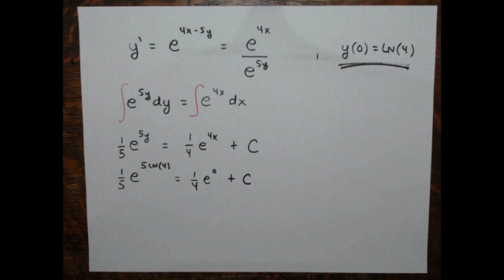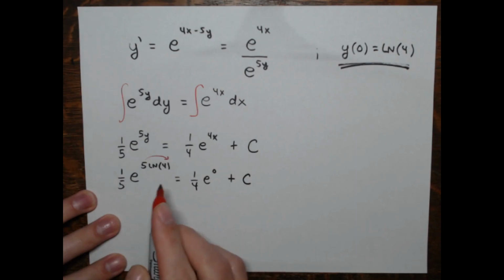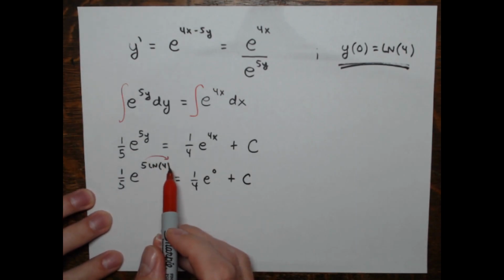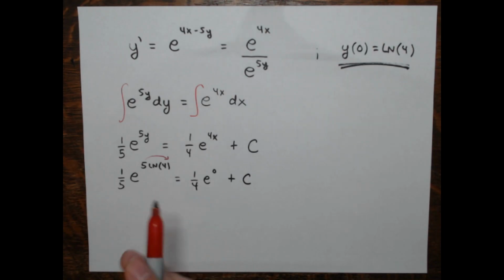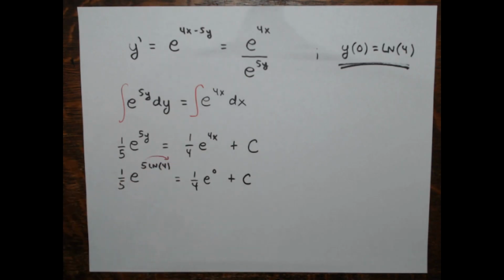Now this natural log of 4 times 5, put that 5 in as the power. This would become 4 to the 5th power, which is 2 to the 10th, so that's 1024. So e to the natural log of 1024, that's just 1024.